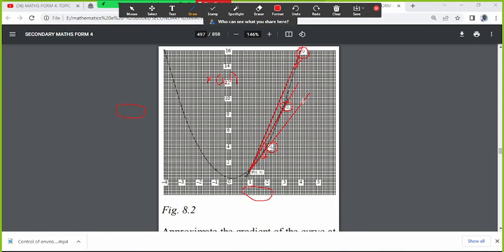So Q will keep on moving closer and closer to P, and then we determine their gradients. So this is where we are.